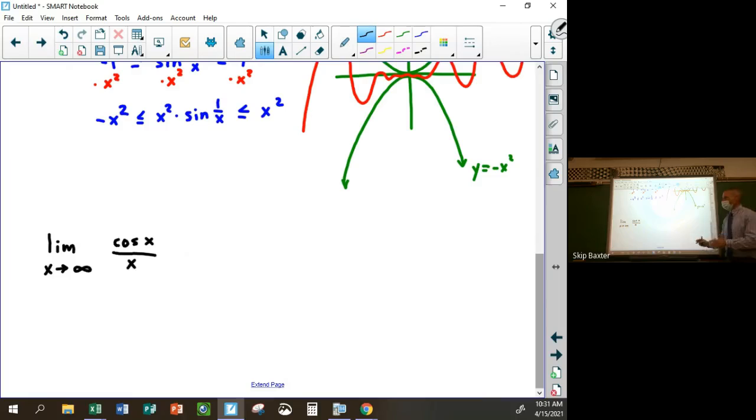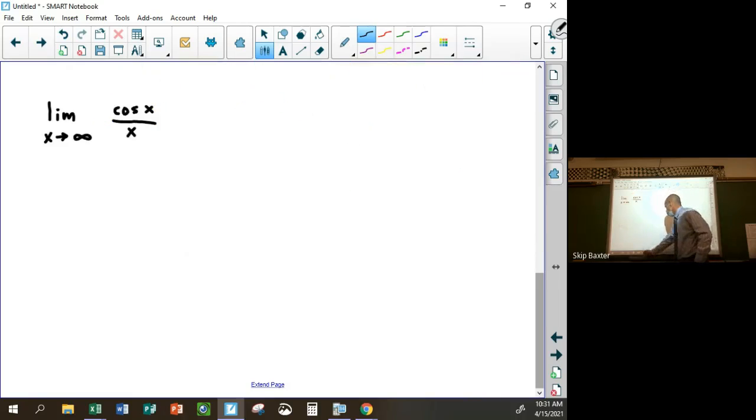But we can use the squeeze theorem. Here's the way it would work. It's kind of a similar process to what I just did in the previous problem. I'm going to say cosine x is greater than or equal to -1, and less than or equal to 1. And then I'm just going to divide everything by x. Now, normally, you're not allowed to divide or multiply by something that's negative without changing signs, like switching directions of inequalities. Why can I do it here?